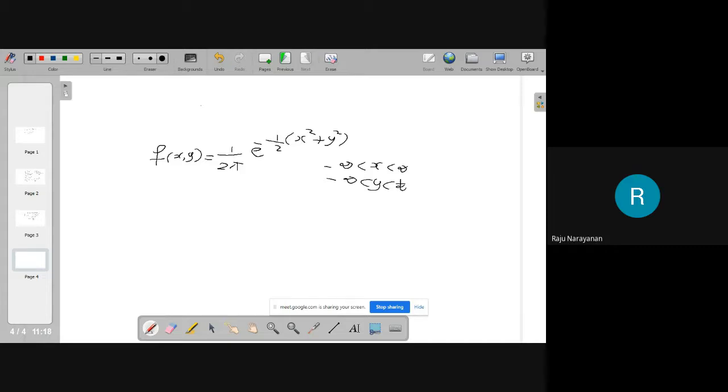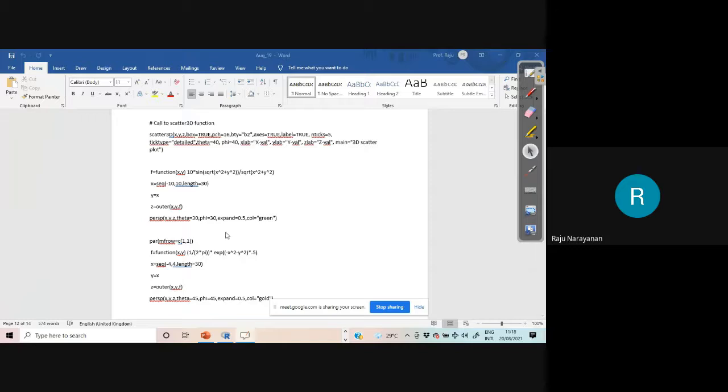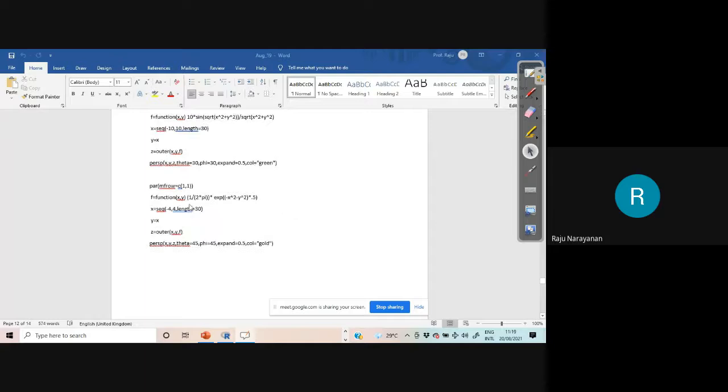Bivariate normal with the mean vector 0 and variance 1, covariance 0. Physics people call this a Gaussian error distribution. And I want to draw the graph of this one. Where is my dear? Yeah, this one.